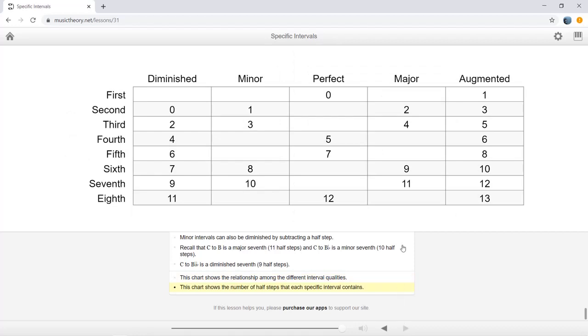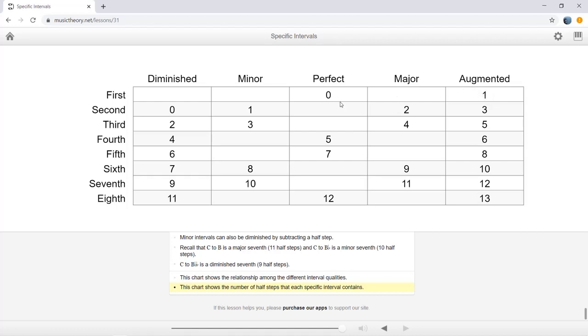All right, so this is a chart of half steps. In a first, if I go from one note to the same note, there is no diminished first, there is no minor first, there's a perfect first and an augmented first. Augmented first would mean if it had an accidental on it.